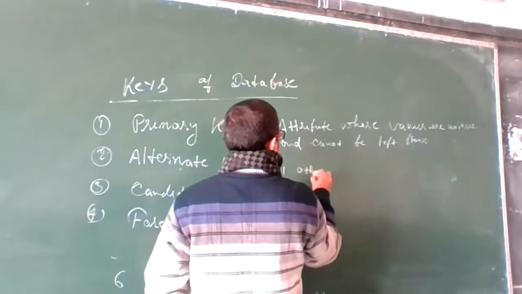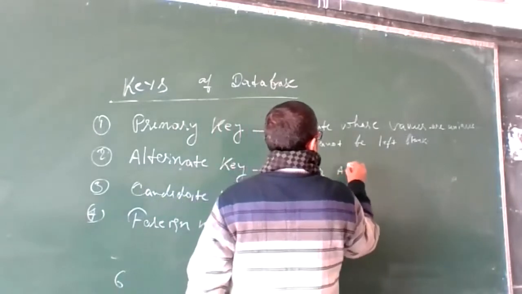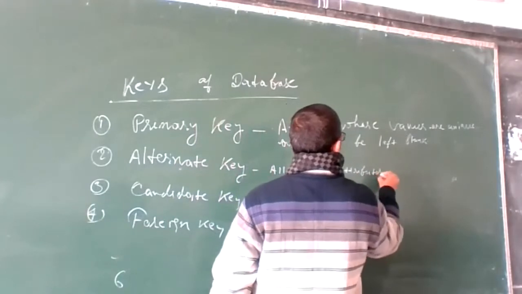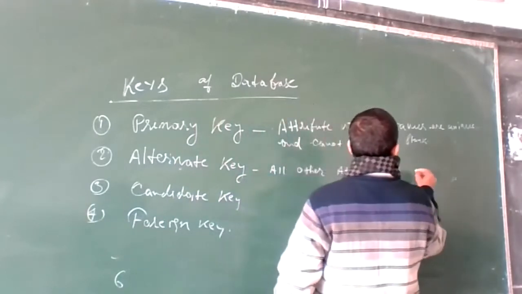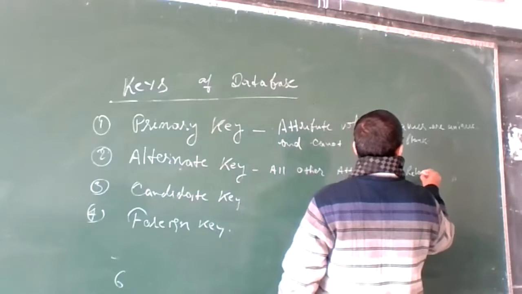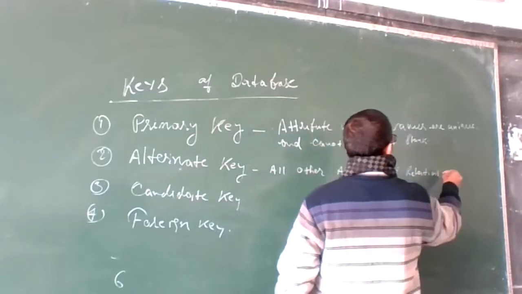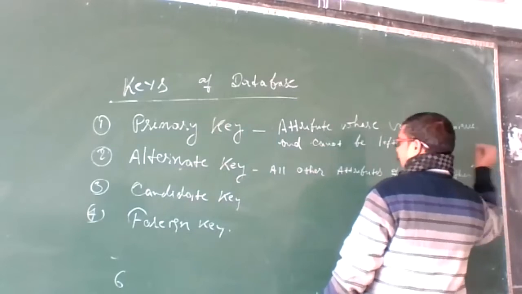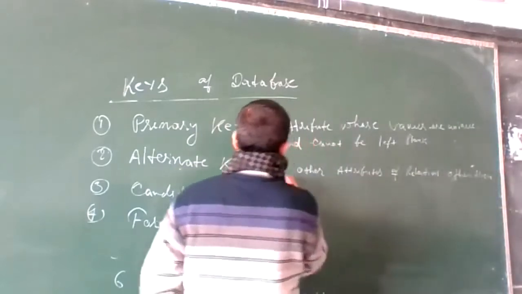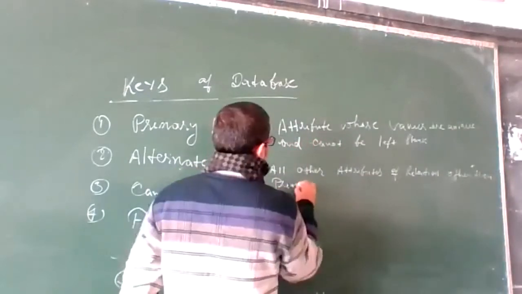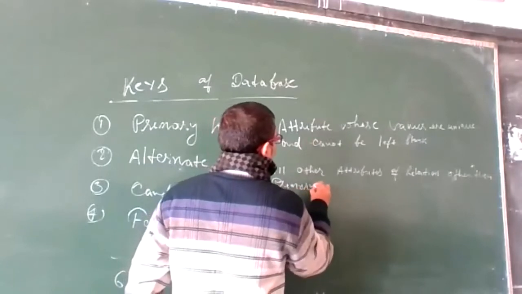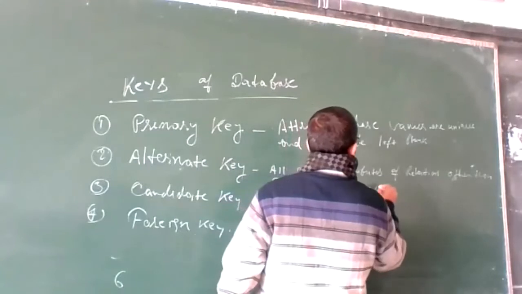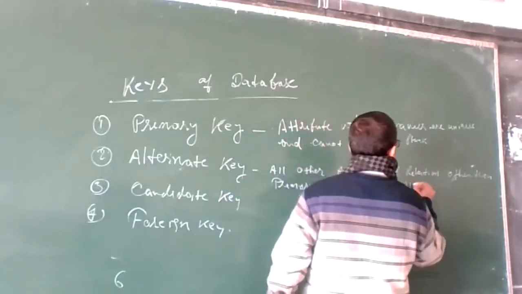All other attributes of a relation, other than the primary key, are called alternate keys.